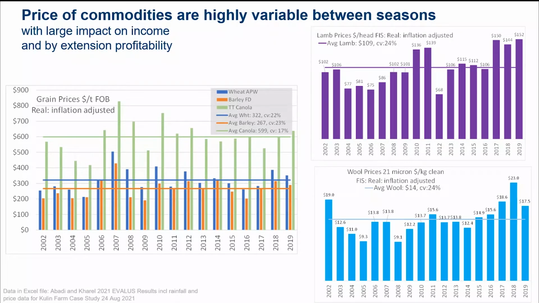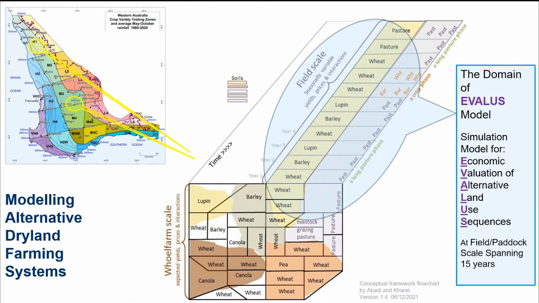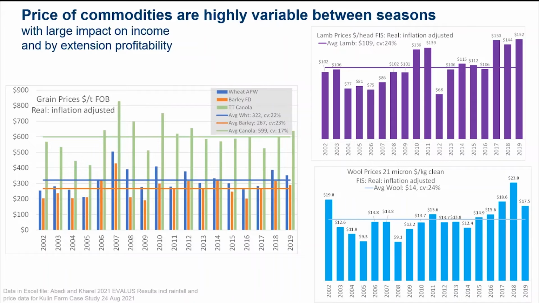You can see they vary a lot, and wool price used to vary much less, but it is becoming more and more variable now. And that's at the bottom right-hand side, the blue bars is the wool price for 21 micron. So I'm trying to say that prices vary a lot every season for a wheat belt farmer.